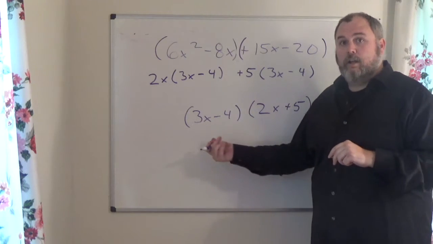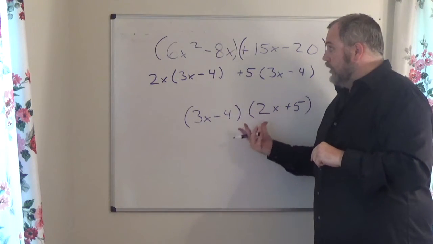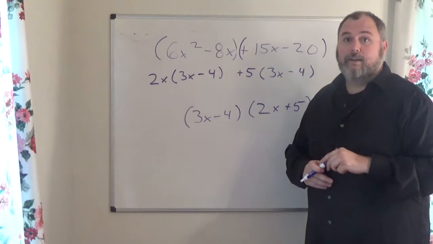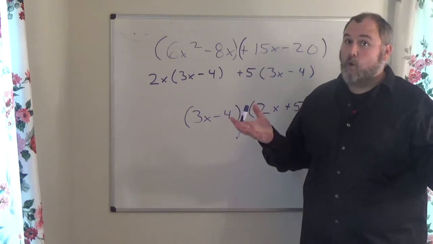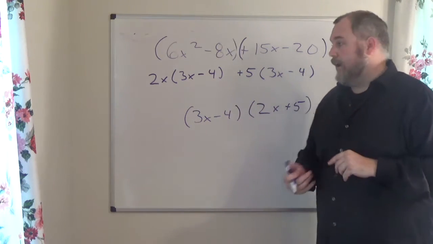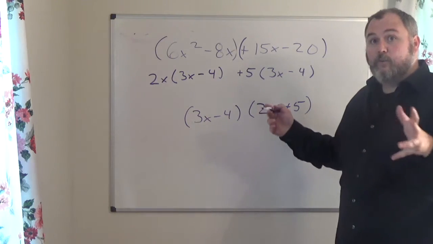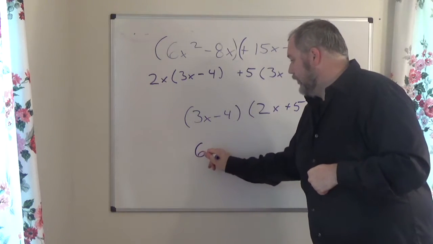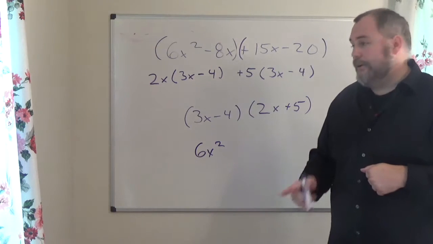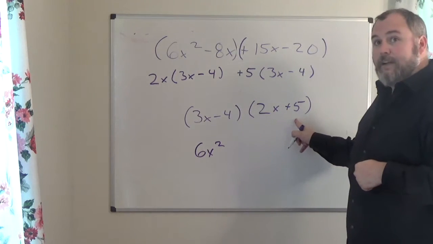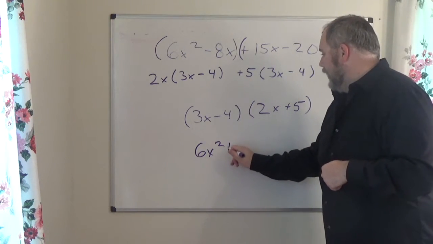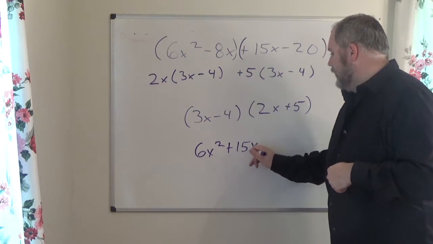So, how do we know this to be true? Does this equal this up here? Guess what we're going to do? FOIL it. We're going to check to make sure we're right. 3x times 2x, what does that give us? 6x squared. Outer, 3x times 5 is going to give us plus 15x.